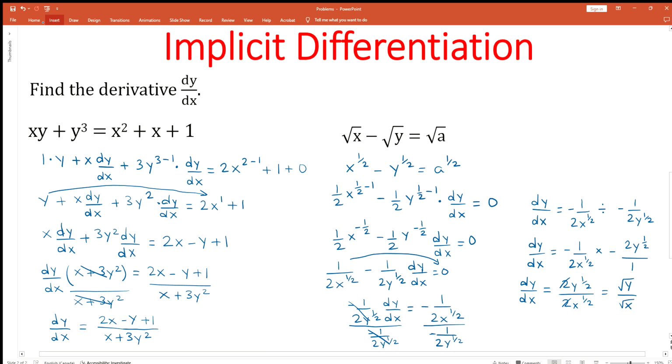Since both y and x have a square root on them, we can write them as a fraction and put the square root on the whole fraction. This should be the final answer for the value of dy over dx for the second equation.